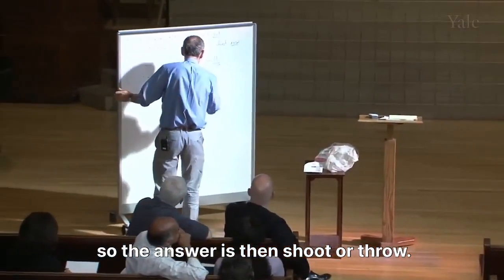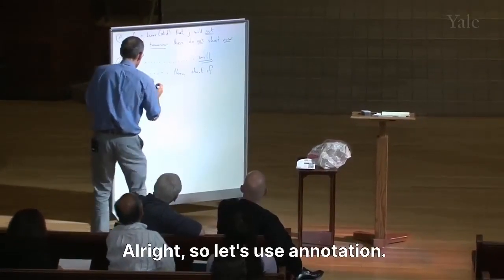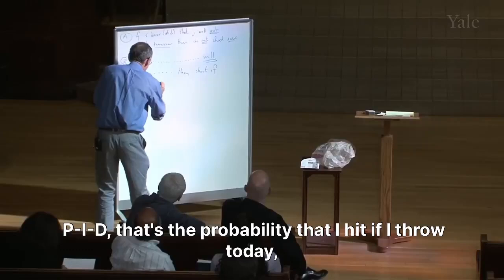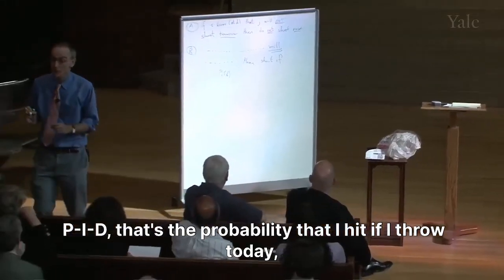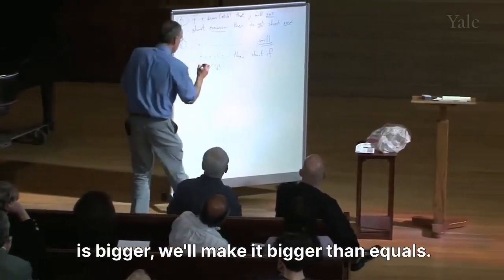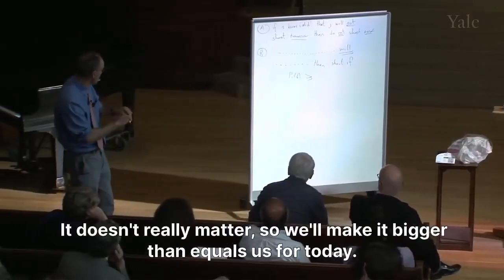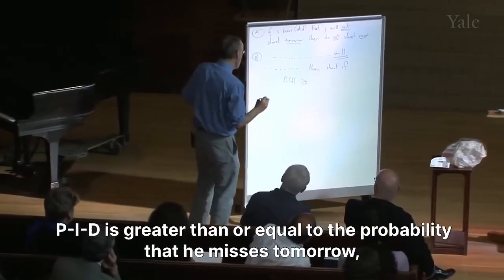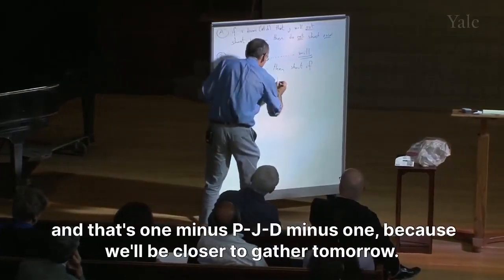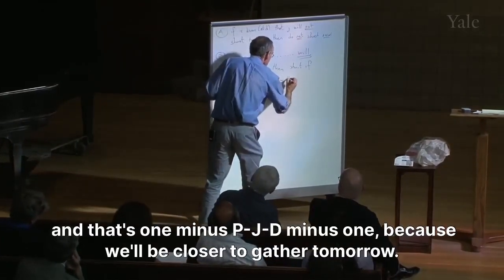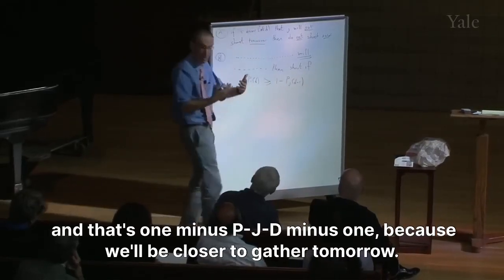So the answer is then shoot, if, all right, let's use our notation, PID, that's the probability that I hit if I throw today, is bigger than or equal to, we'll make it bigger than the equals just for today since it doesn't really matter, the probability that he misses tomorrow, and that's 1 minus PJ D minus 1, because we'll be closer together tomorrow.